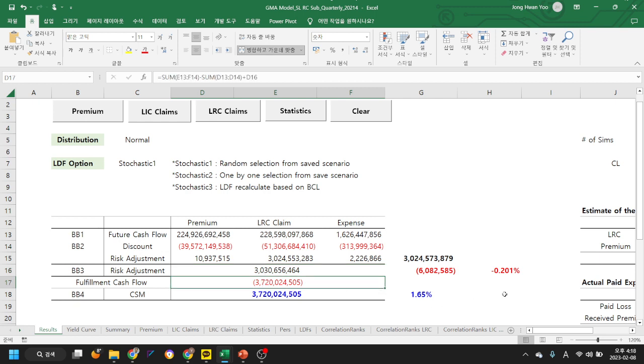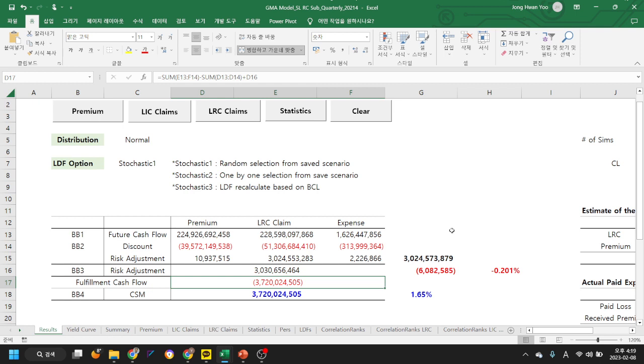Negative means what? That is a net inflow. So this is a non-onerous group of contracts, and that figure is going to be turned into positive, and that's the initial CSM.